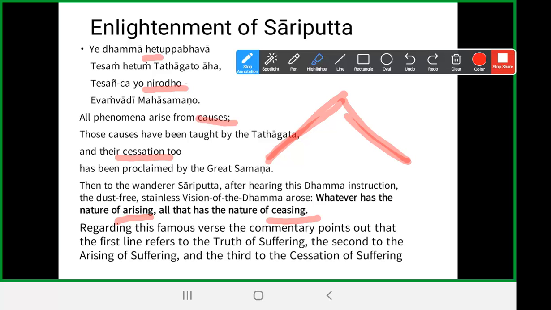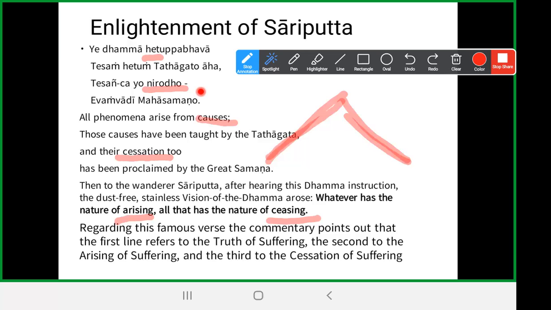So regarding this famous verse, the commentary points out the first line refers to the truth of suffering. This is the first line. The second one refers to the arising of suffering, this one is the second line. The third one is the cessation of suffering, nirodo. So this famous verse actually talks about the four noble truths.